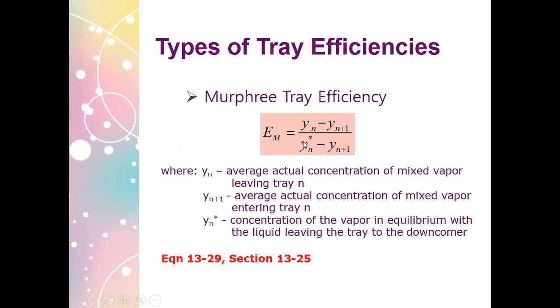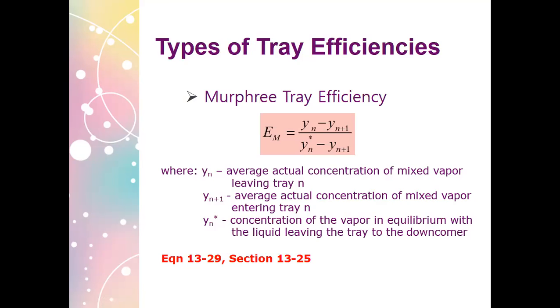In here, you need to know the average actual concentration of mixed vapor leaving tray N. This is tray N. Its average, meaning you account for all the concentrations of the vapors leaving that particular tray N. The Y sub N plus 1 is the average actual concentration of mixed vapor entering, because it's N plus 1.